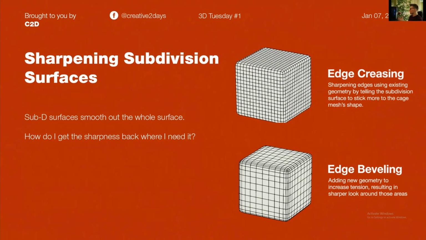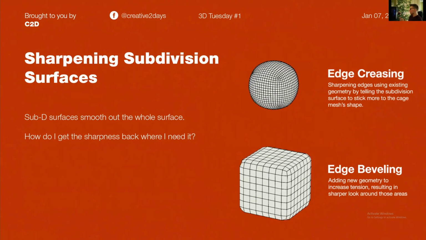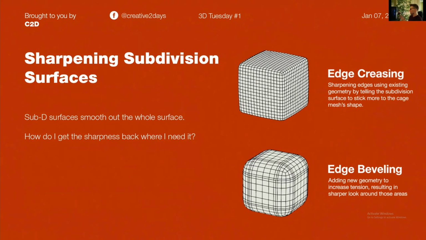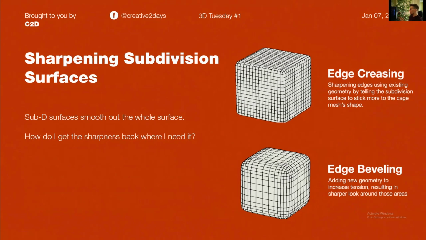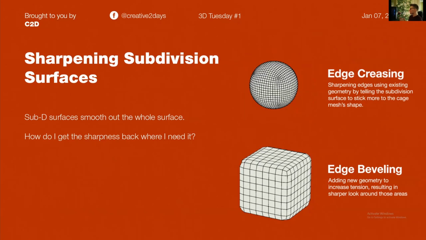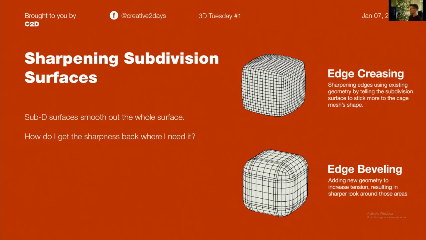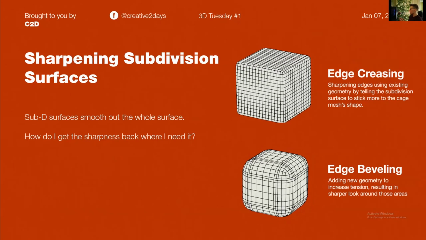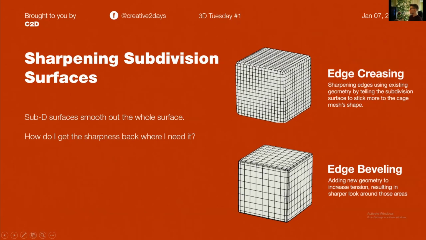Edge beveling is basically the most bare bones. It's not exactly a feature that software might have. Any software that has subdivision surface and doesn't have edge creasing, you can achieve sharpness by adding more geometry. As you can see by the wireframe, it gets really dense over here.